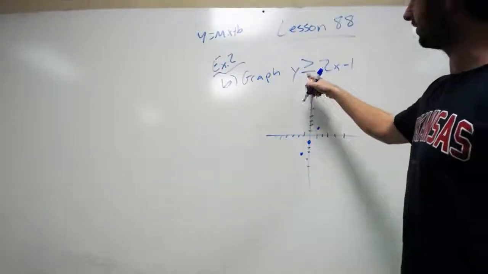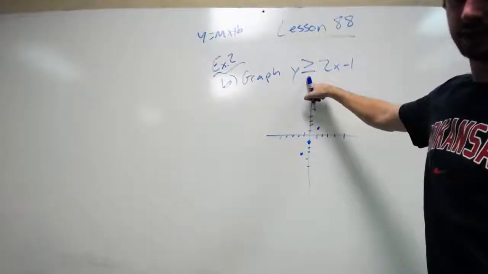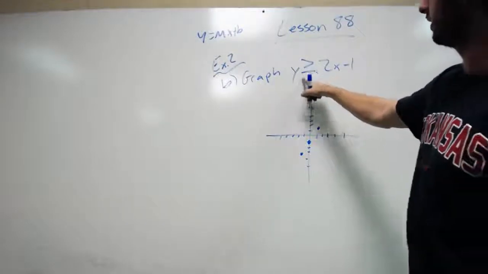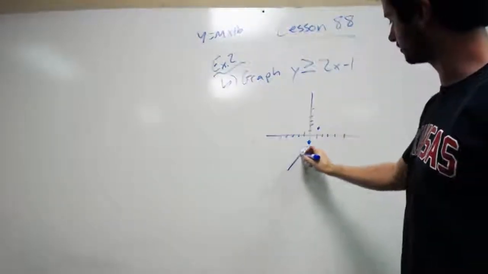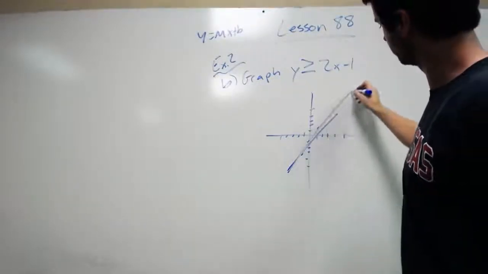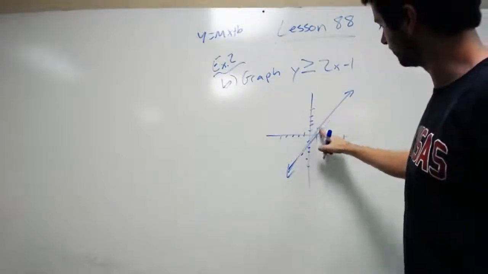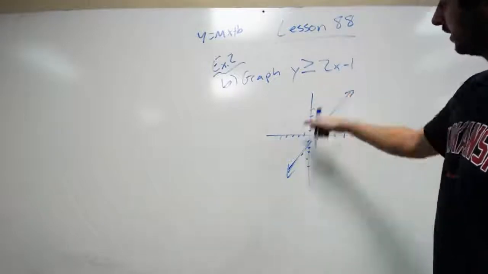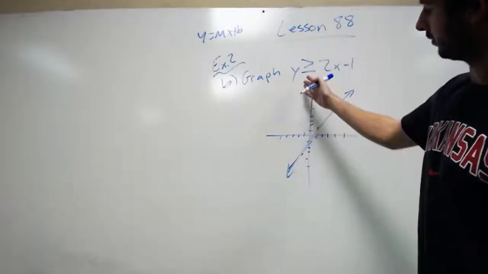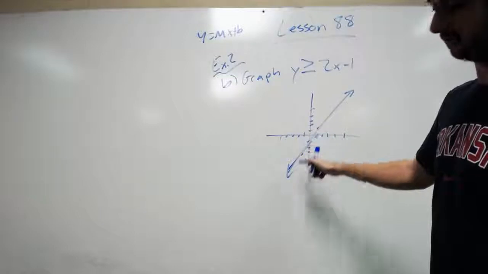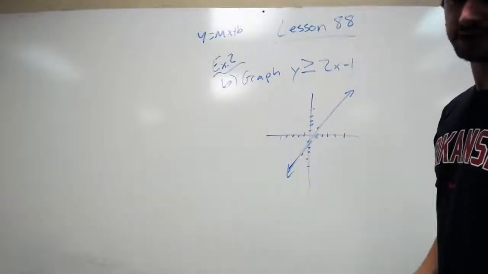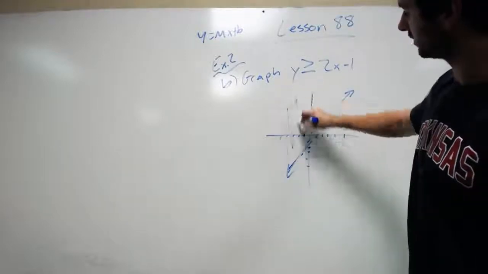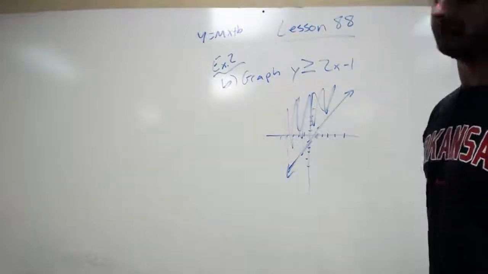Now the difference here is if I have a less than or equal to sign or a greater than or equal to sign, this changes it because I can draw a solid line. The reason being, if I have an x or y coordinate that's on this line, that would be greater than or equal to. And now I shade. Since y is greater than, I need to shade in that area.